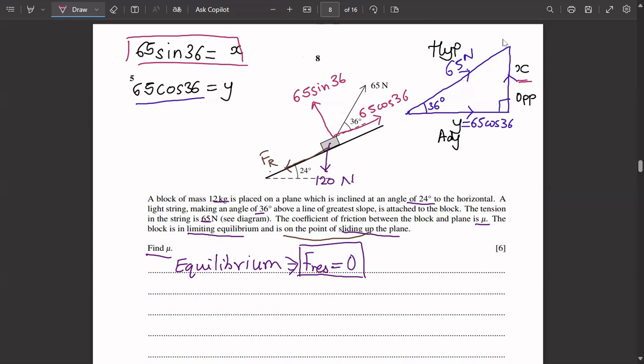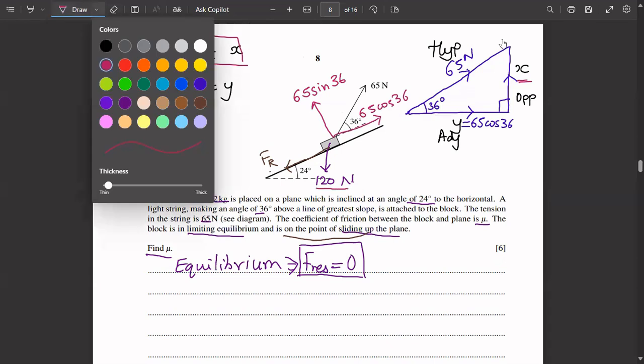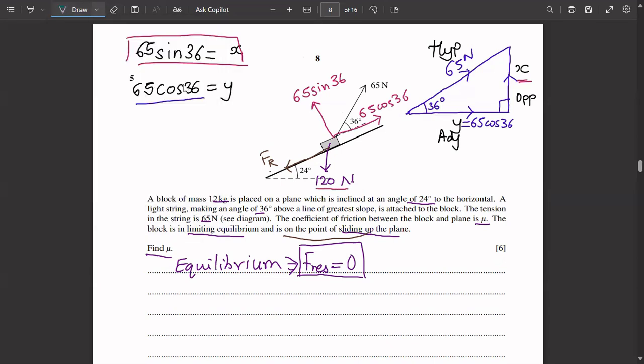Now, what more? Yes, this weight will also act now. One force will act across the slope and one force will act perpendicular to the slope. So across the slope will be mg sine theta. So m is mass, which is 12, g is 10, and theta is 24.